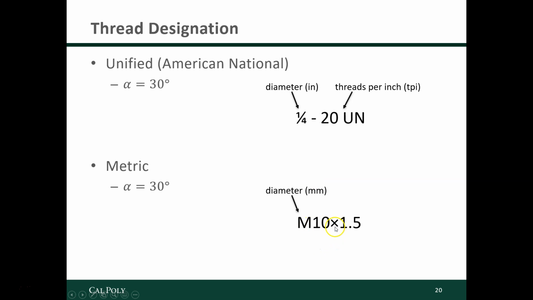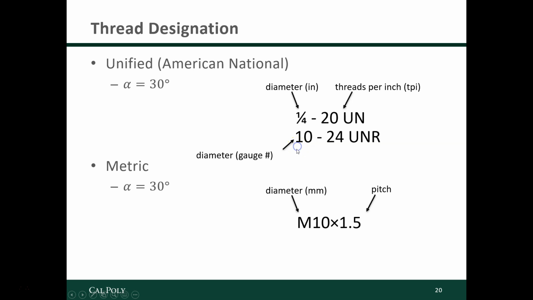The second thing that tells us a metric thread is you kind of get to know the number of threads per inch that are associated with common unified screw sizes. Well, this here is the pitch for the metric thread. So this is 1.5 millimeters pitch. So there's usually a major difference between the two numbers because this one is threads per inch, which is the inverse of the pitch.